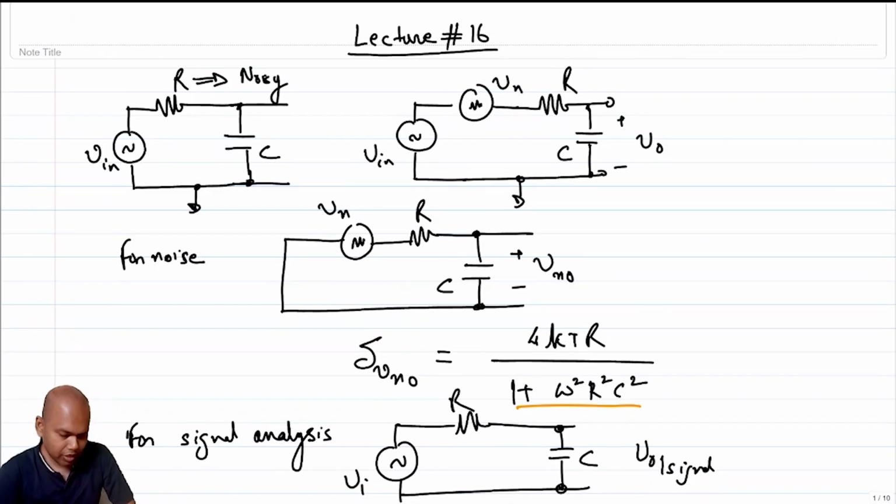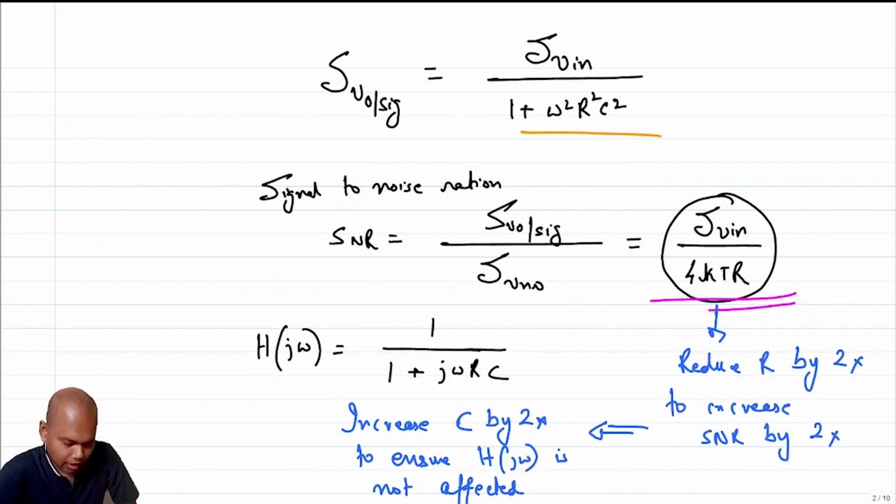So in today's lecture, what did we learn? We found that if I have to increase the signal to noise ratio, firstly, the signal to noise ratio is a parameter of interest, not noise only.